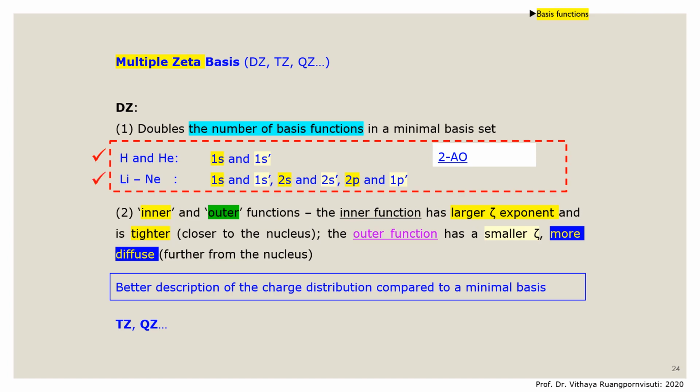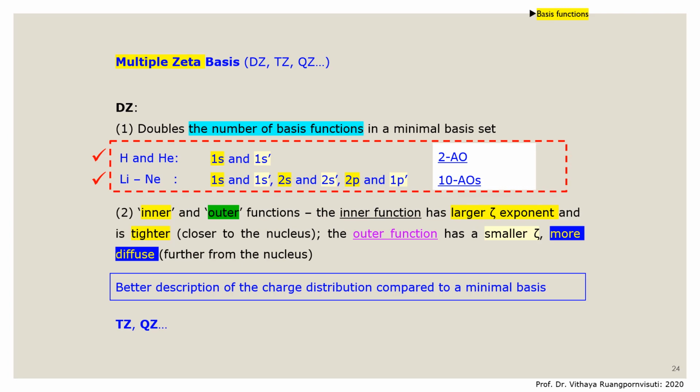For the atoms lithium to neon, they consist of 1s and 1s prime, 2s and 2s prime, 2p and 2p prime, or 10 atomic orbitals.